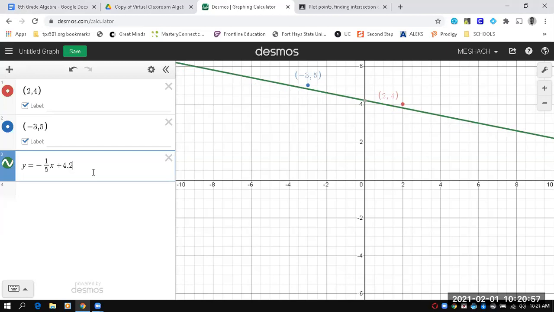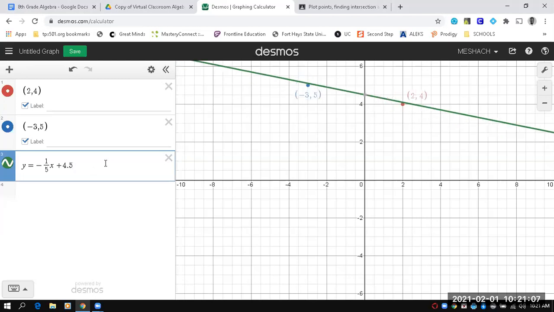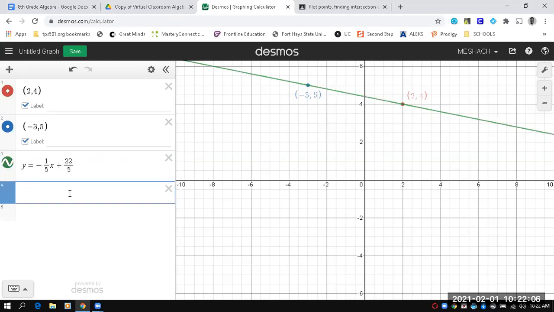Nope, it needs to go a little bit higher. Is that it? All right, so there's the equation of that line. So I gave you the two points and came up with what the equation of the line would be. Now let's look at another set of points.